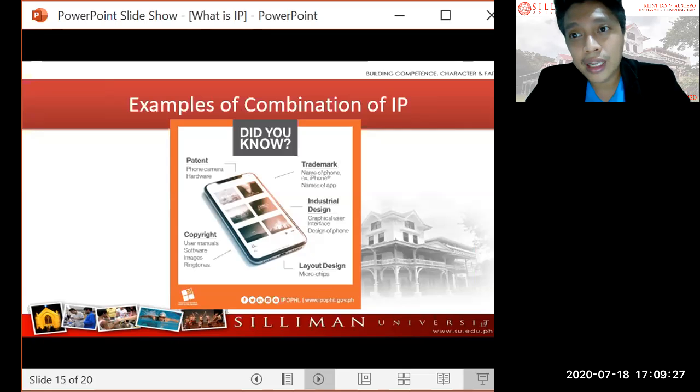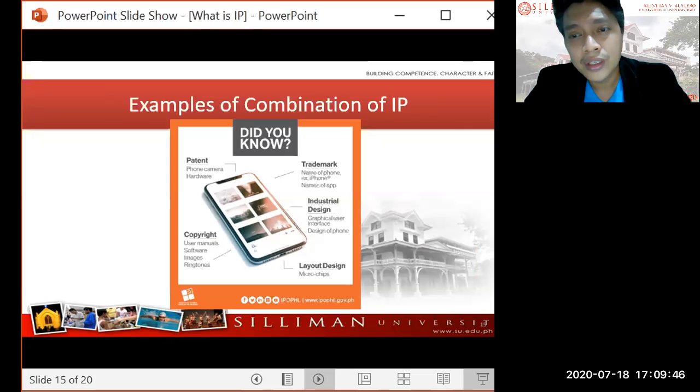Trademark, what is protected there? The name iPhone itself, the name of the app is considered a trademark. Industrial design, graphical user interface, the design of the phone itself, how it looks like, and so on.